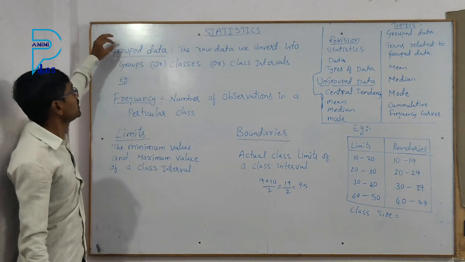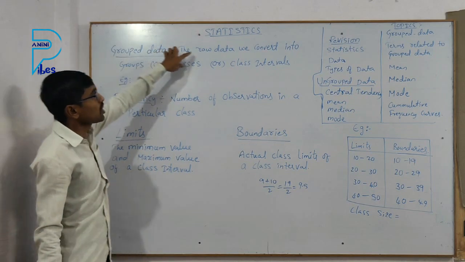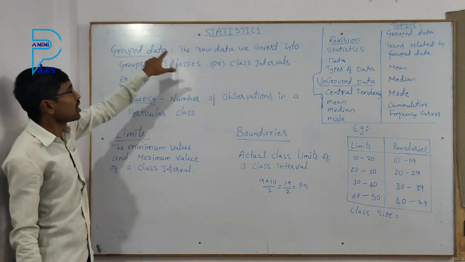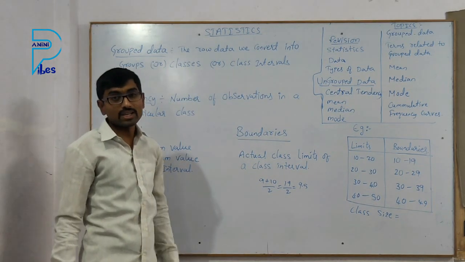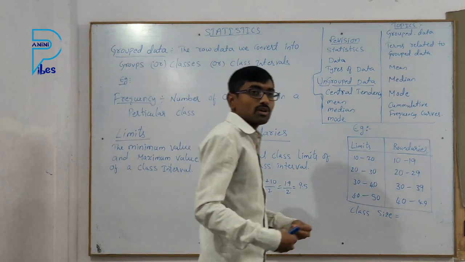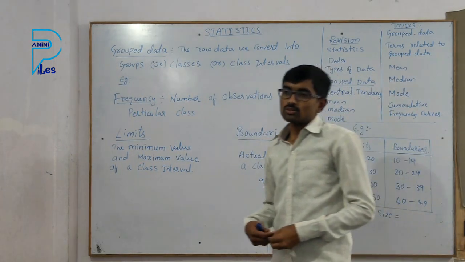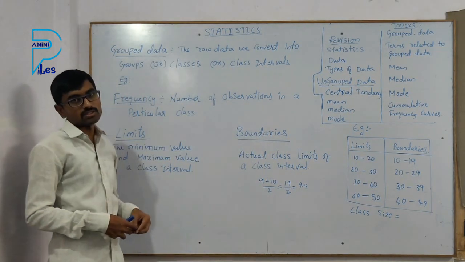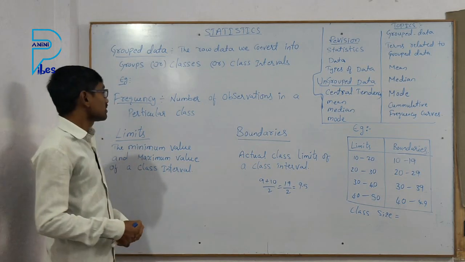Yesterday we discussed the definition of grouped data. So what is grouped data? The raw data we convert into groups or classes or class intervals. Whenever the observations are more, we convert such observations into class intervals, and for that we call it grouped data.